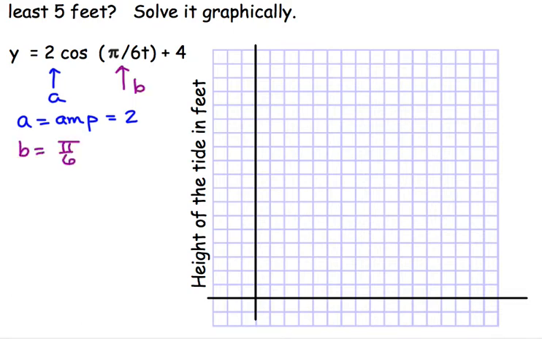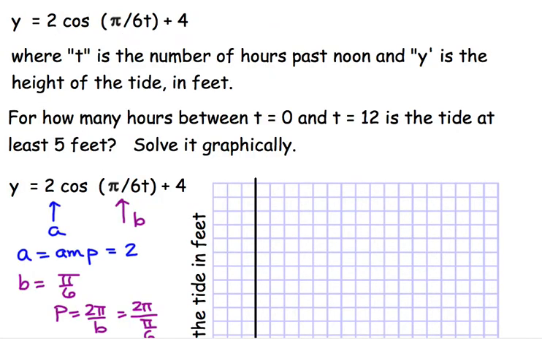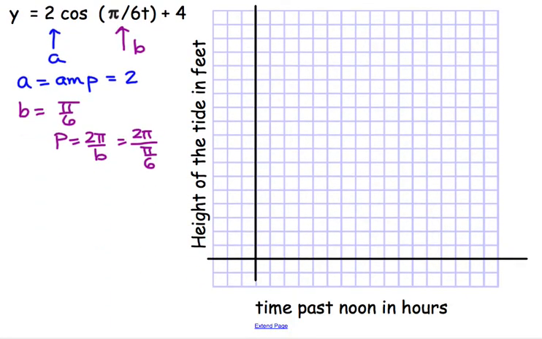revolution. So we plug it into that equation. Period equals 2 pi over B. So 2 pi over pi over 6. What we have is a fraction dividing another fraction. So I'm going to change it to multiplication. I'm going to take 2 pi over 1, change it to multiplication, reciprocate the pi over 6 as 6 over pi.